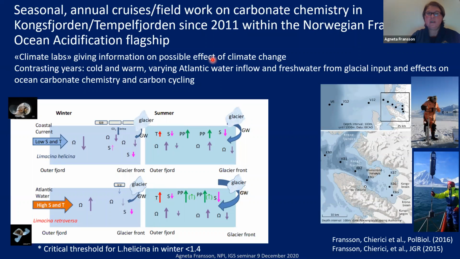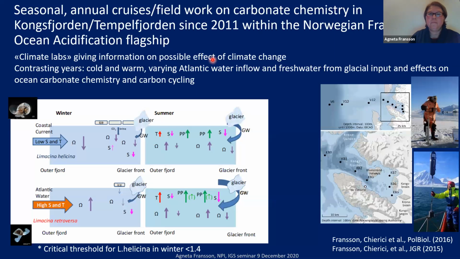So we have studied the seasonal variability, but we also have annual cruises and fieldwork to study the carbonate chemistry in Kongsfjorden and Tempelfjorden since 2011 within the Norwegian Center Ocean Acidification flagship. And we use the fjords as climate labs, because it's convenient.